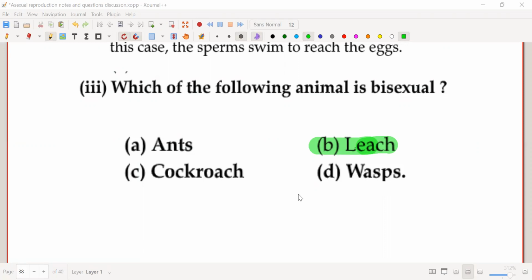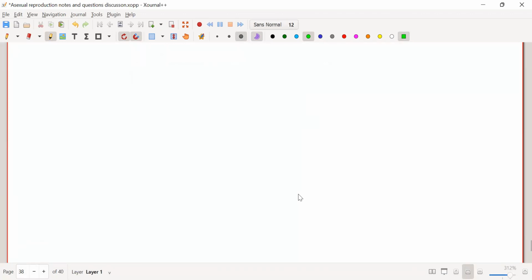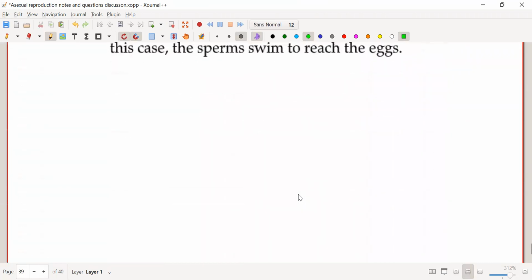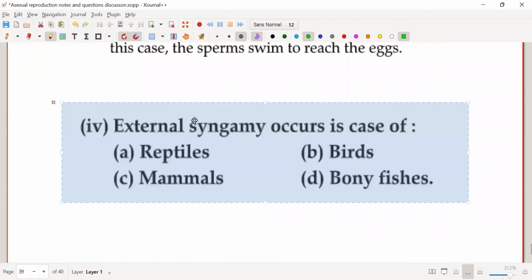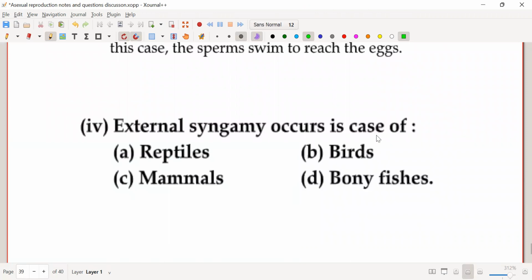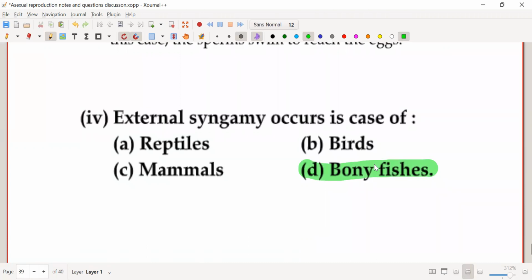The fourth question would be, the external syngamy occurs in case of reptiles, birds, mammals, bony fishes. It is bony fishes. External syngamy.